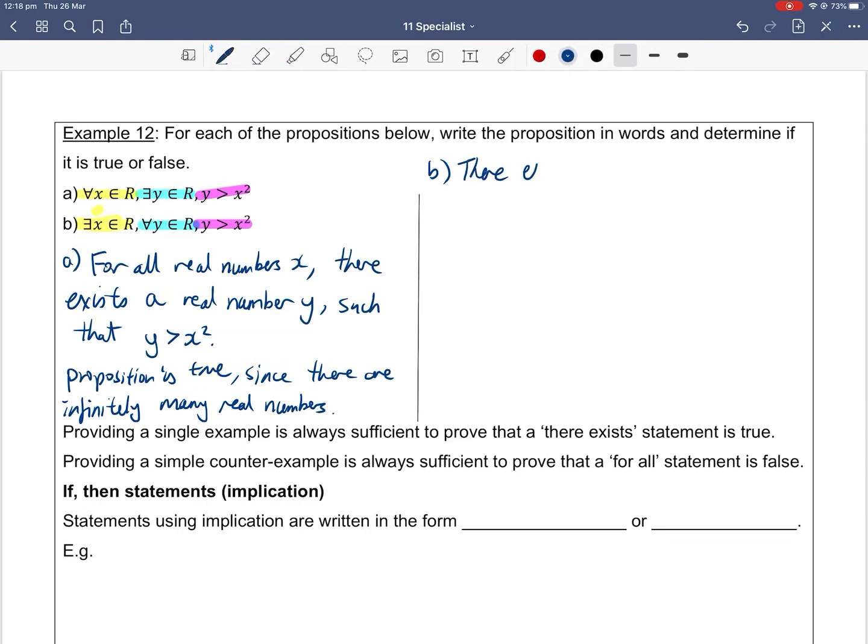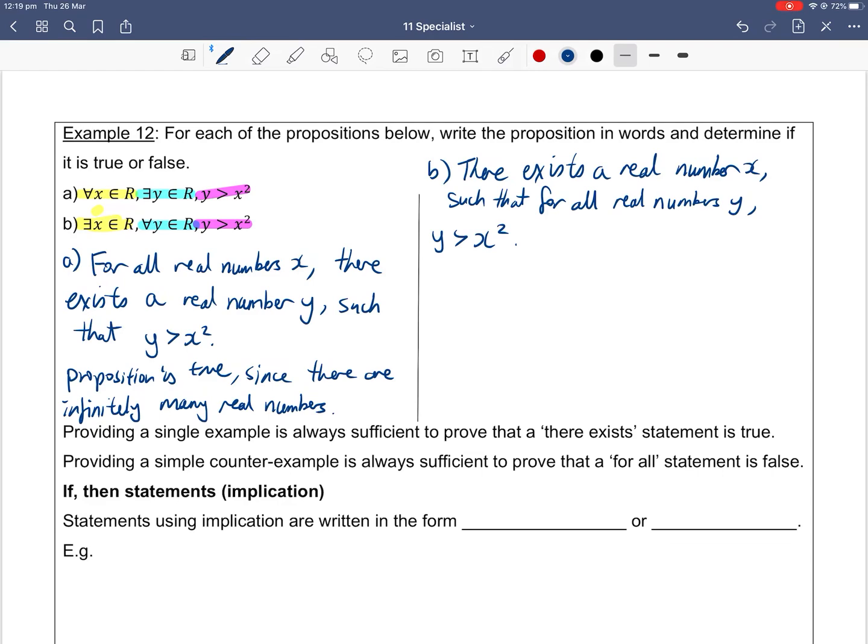So in words, there exists a real number x such that, so see how there exists and such that pair together, such that for all real numbers y, the statement y is bigger than x squared. So can you find a real number x such that for any real number y you throw at me, y is bigger than x squared?